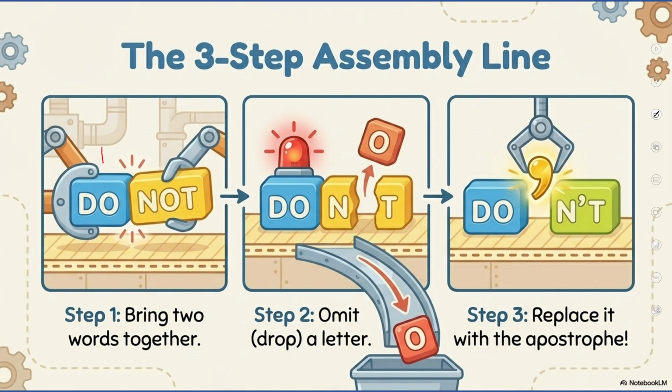We bring two separate words together and then we omit. Omit means remove or cut or delete one letter, and in the place of that letter we put an apostrophe. Remember? So this is how we make a contraction.